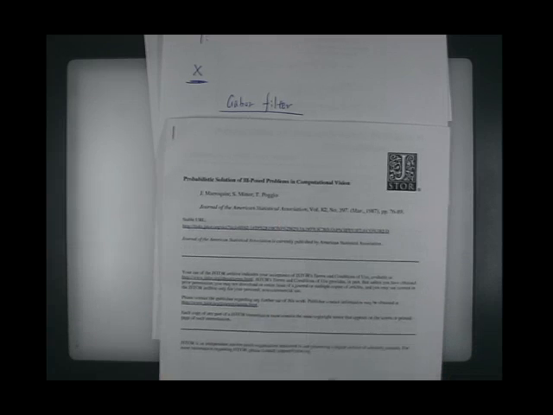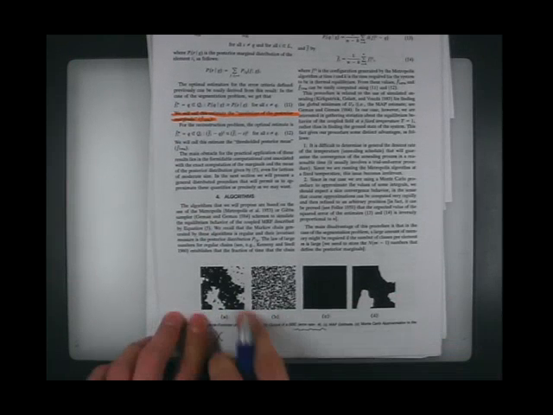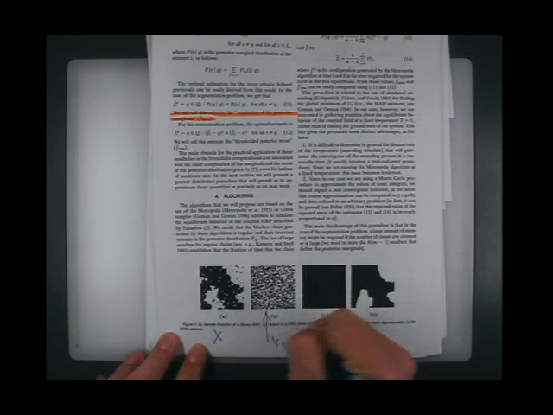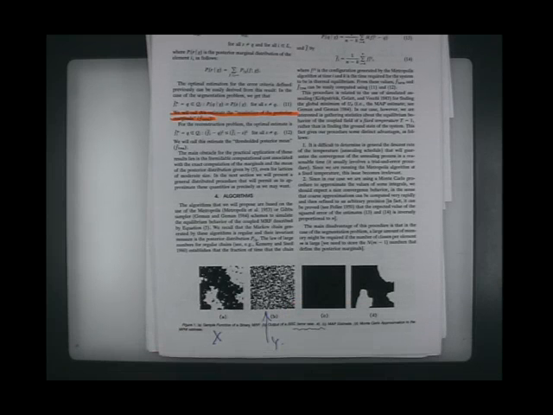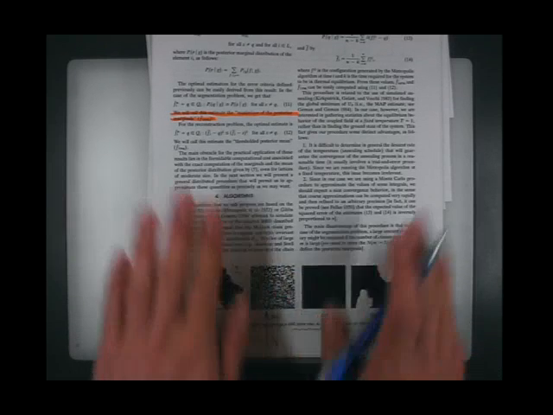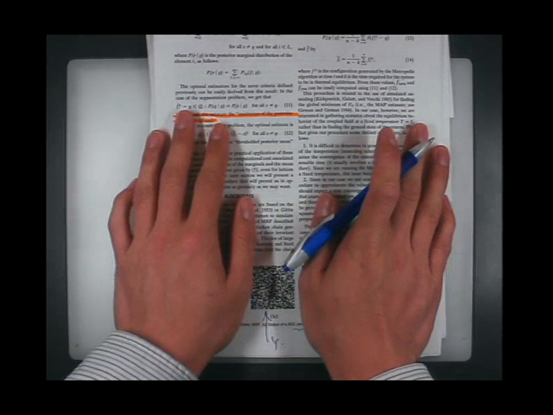And in this paper, the author shows some very interesting results by using MAP and MPM. So this one is a ground truth image. This is X, and we corrupt X randomly, and this is our observation Y. And as you can see here, we want to segment the image from this image Y. Even humans cannot do that.